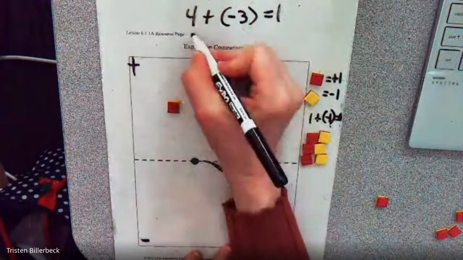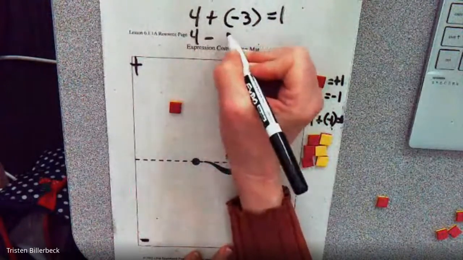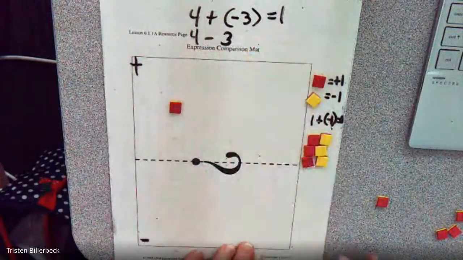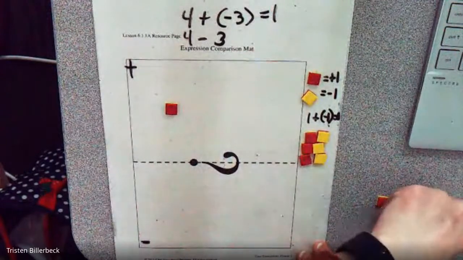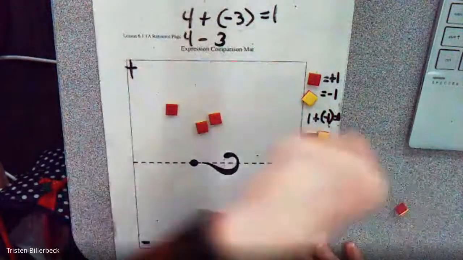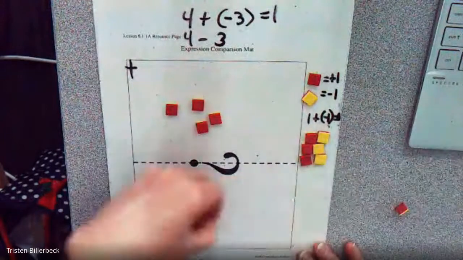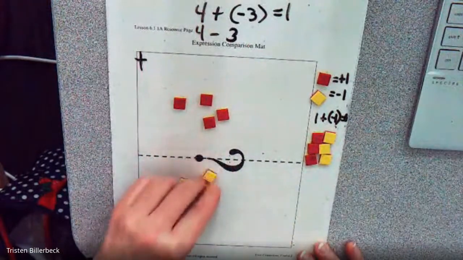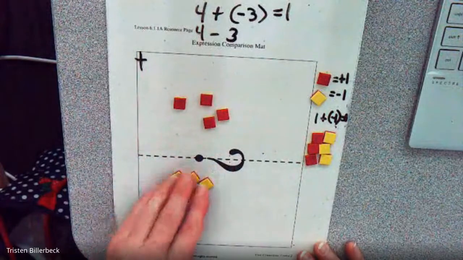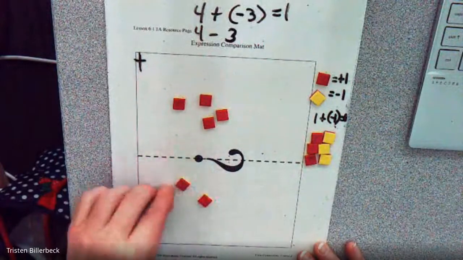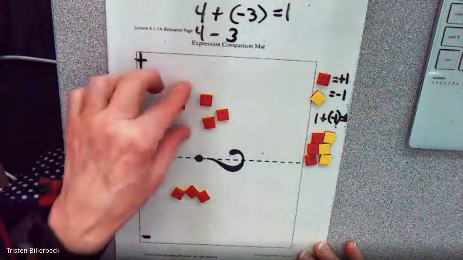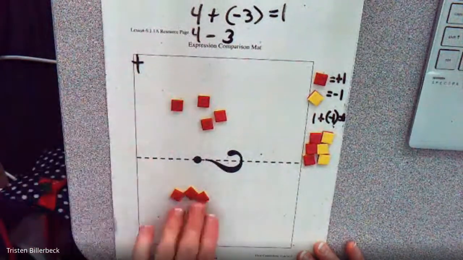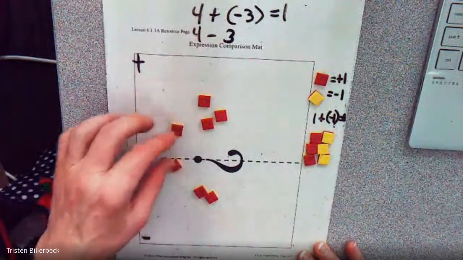Okay, what if I had 4 minus 3? So if I put 4 in there, and I take a minus like that, 4 minus 3, oops, I want positive 3, not negative, so 4 minus 3. And now, look at this.